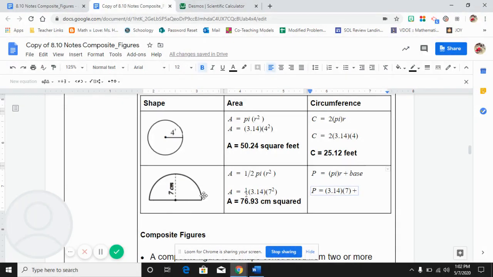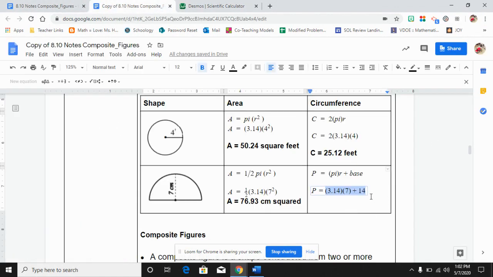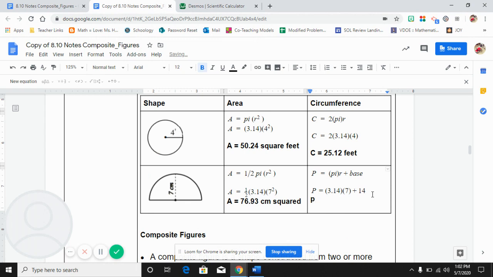Well, how long is this base? It's the diameter of the circle. If half of the diameter is the radius 7, there's 2 7s. There's 7 here, for a total of 14. We get an answer of 35.98. So we'll say that the perimeter of this figure is 35.98 centimeters.